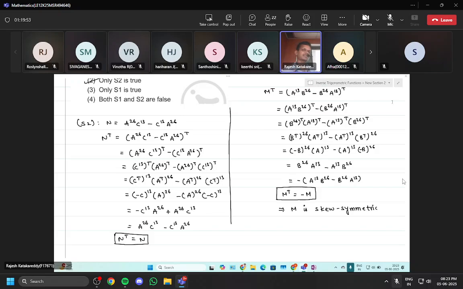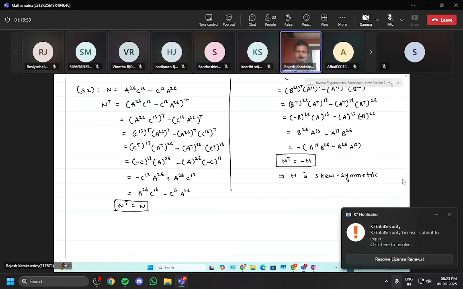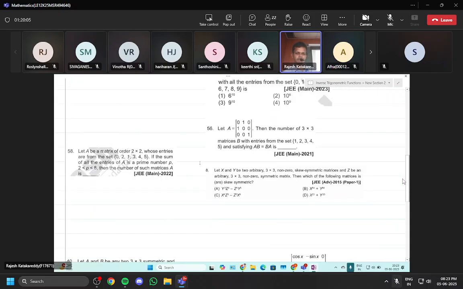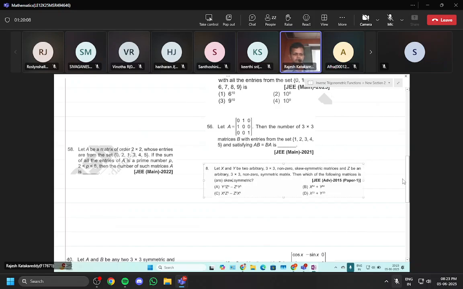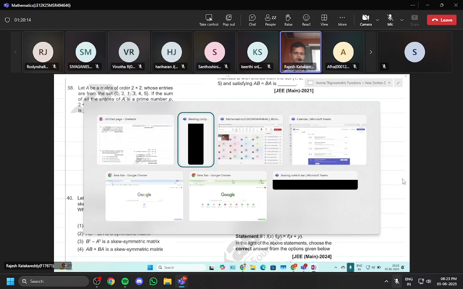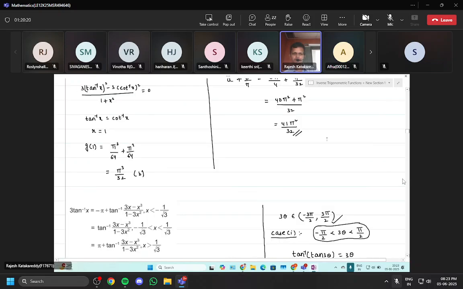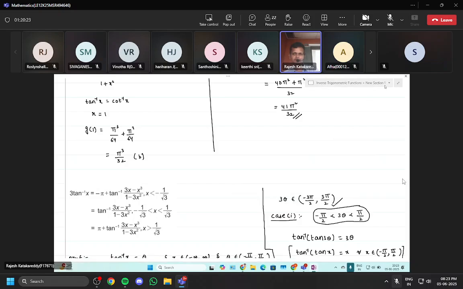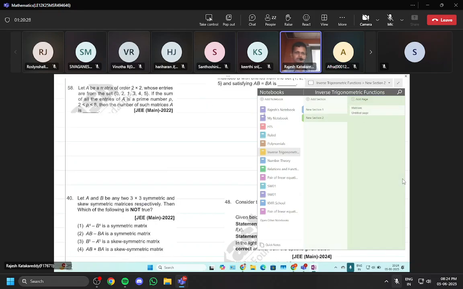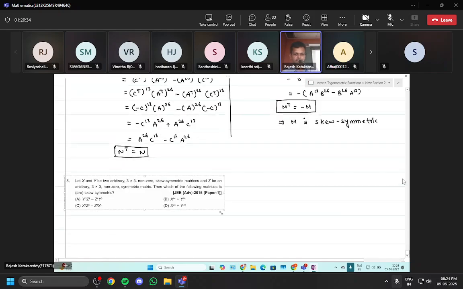Somebody said they are writing, copied this problem. This is the problem I asked you to do.